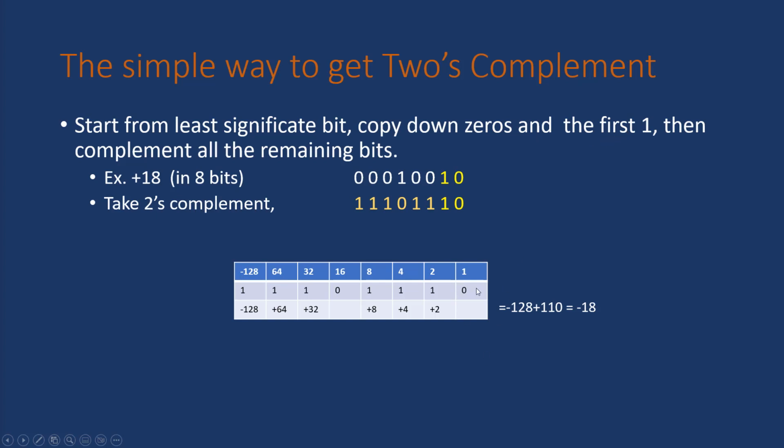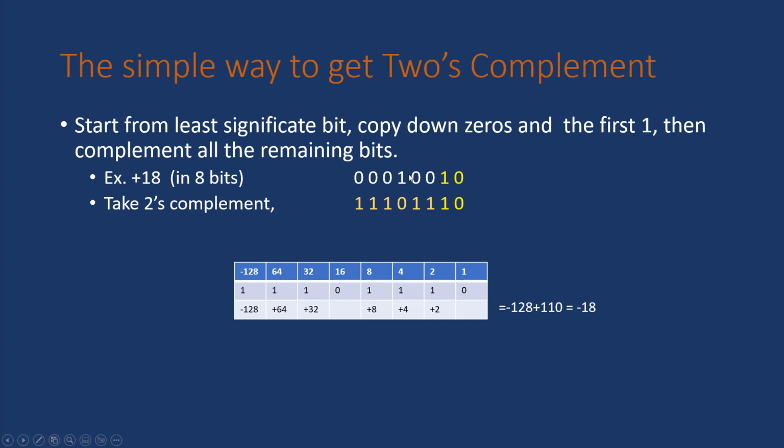For example, here, the same example. Let's look at here. This is 18. We start from the least significant bit. There's a 0, we copy it down. And then we see the first 1, we copy it down.